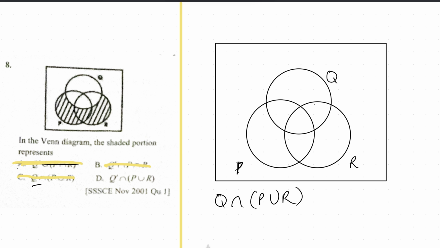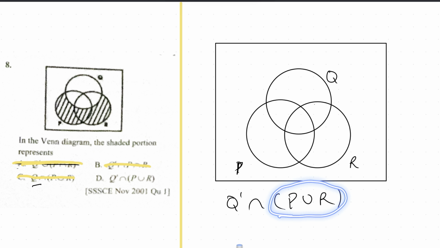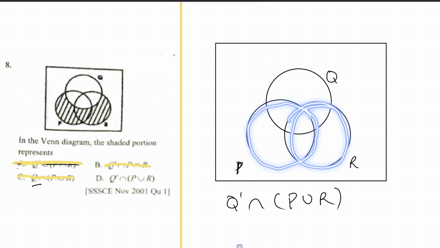So obviously that will be the answer, but let's prove that it is actually the answer. Let's write it down. We have Q complement intersection bracket open P union R. We need to find the bracket first, right? P union R means everything here and everything here together.